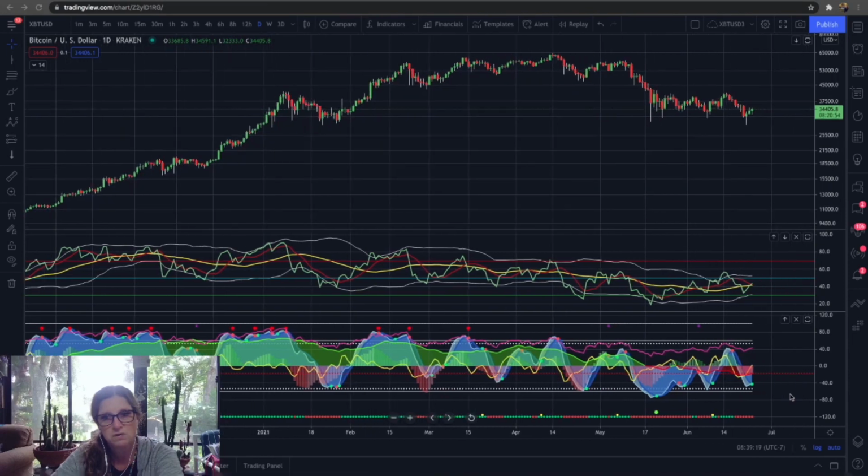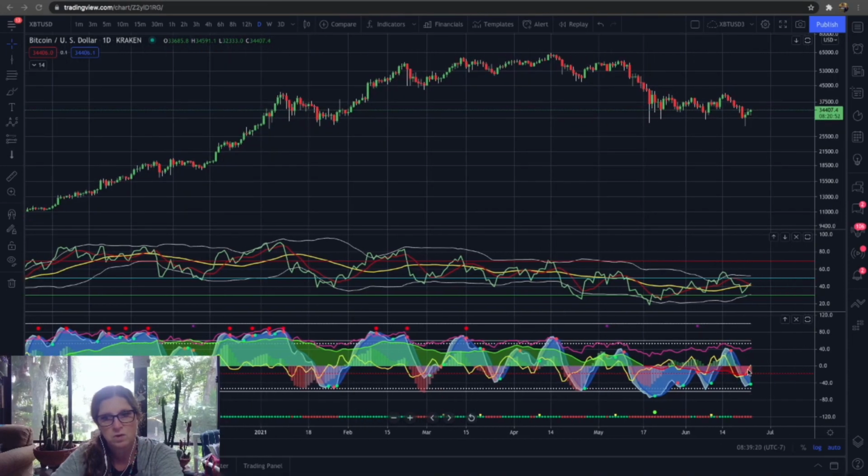Now, as you can see right here, I talked about the yellow VWAP. It is just ticking its head over the 0 mark, and we are making green candles. The white is crossing the blue, and we got a signal.